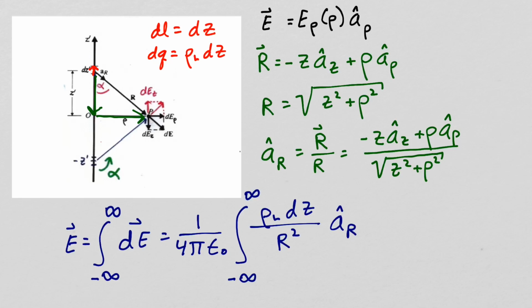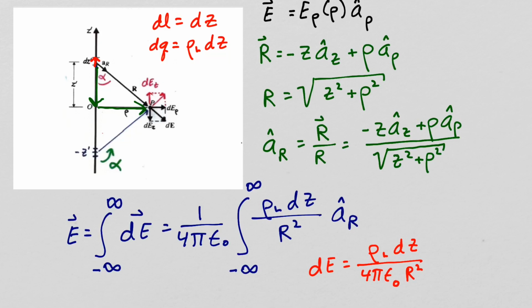The magnitude of dE is just our differential charge, rho sub l dz, over 4 pi epsilon sub 0 times this distance squared, r squared. We know the components in the z direction will cancel when we integrate from minus infinity to infinity, so we need to just sum up the rho components as we integrate from minus infinity to infinity.